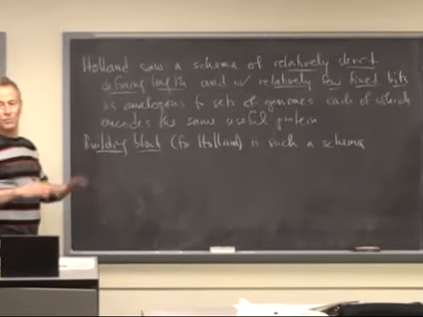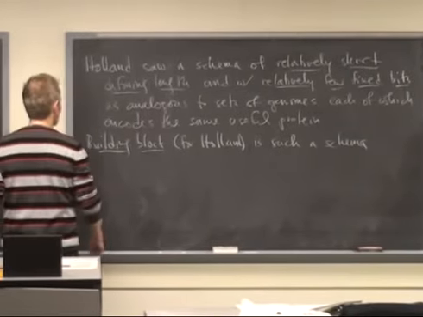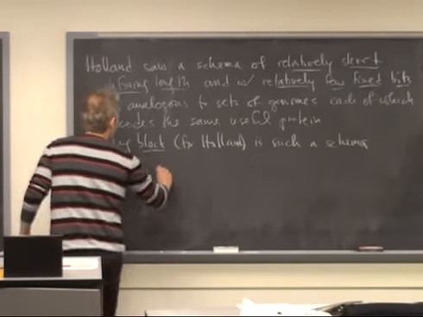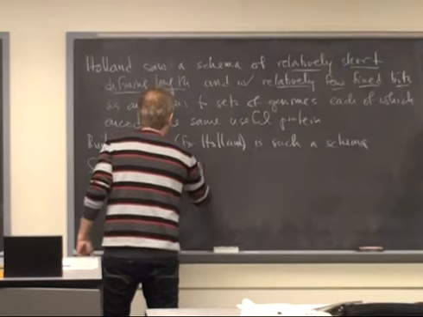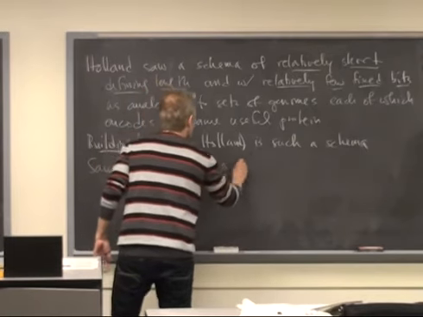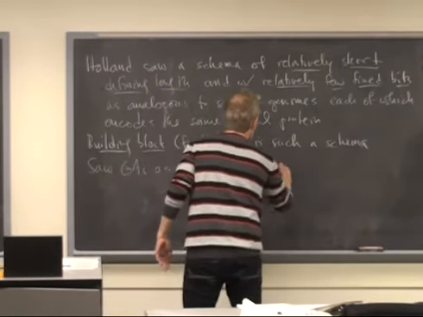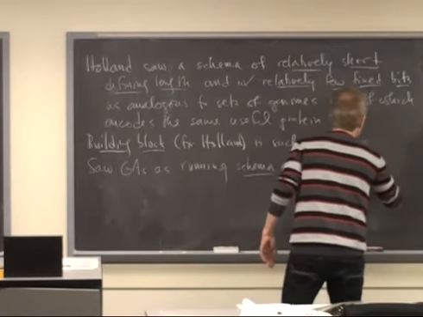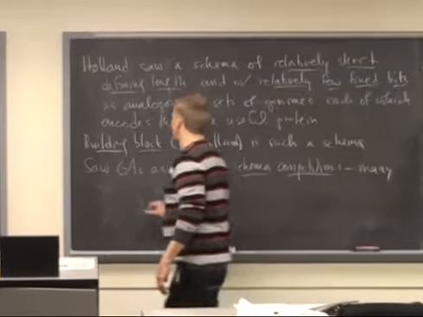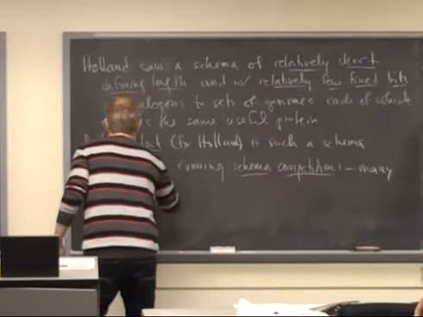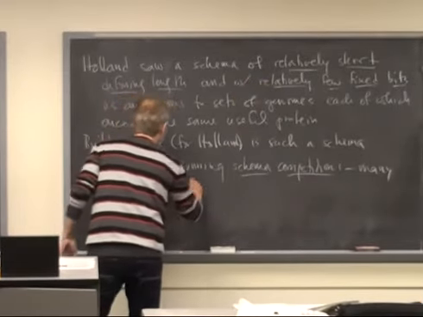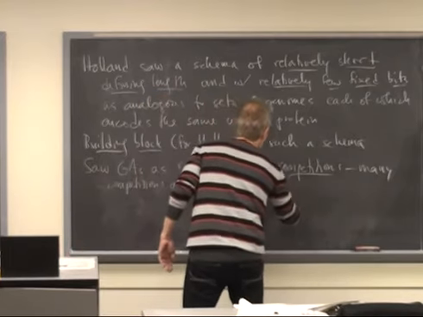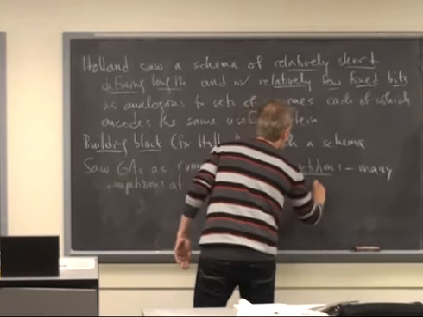That's another one of those very freighted phrases that he made up. So he saw GAs as running schema competitions, many competitions at the same time, and he called this process implicit parallelism.